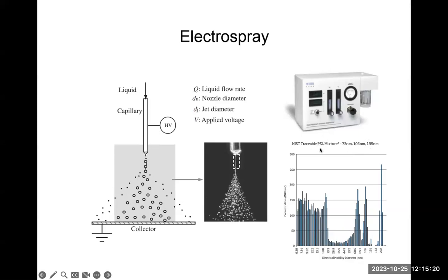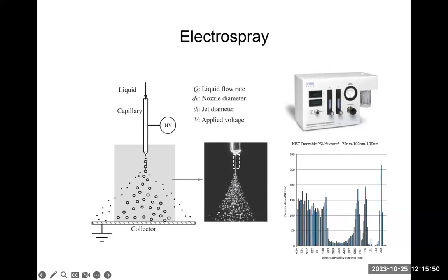Basically, those are particles that have specific sizes and they're rigid, like plastic particles, right? Because the evaporation of the droplets is not going to affect the PSL spheres, you're going to see these droplets containing these specific sized particles once they dry up, right? You can see they have sizes of 73, 102, and around 200 nanometers, okay?